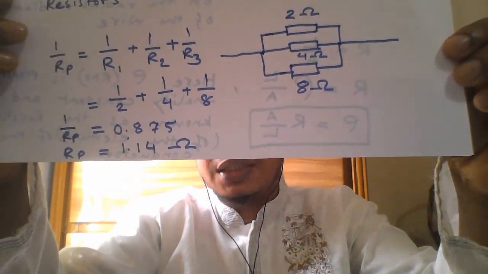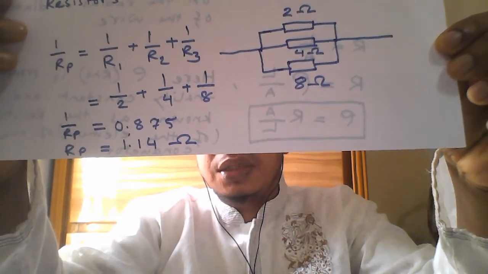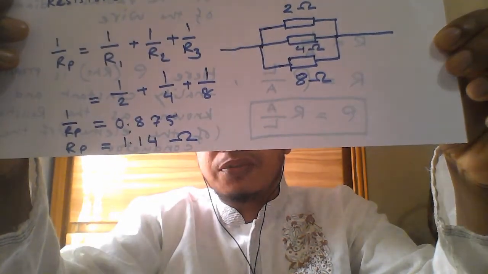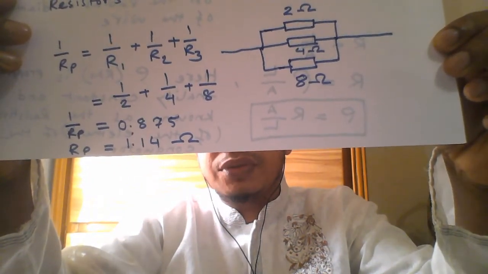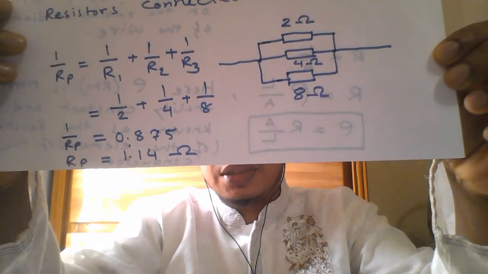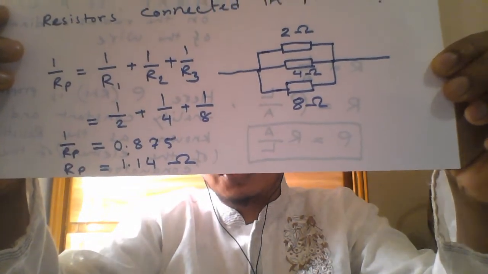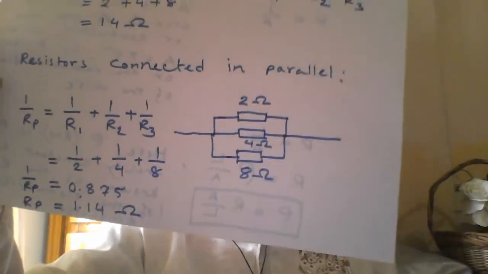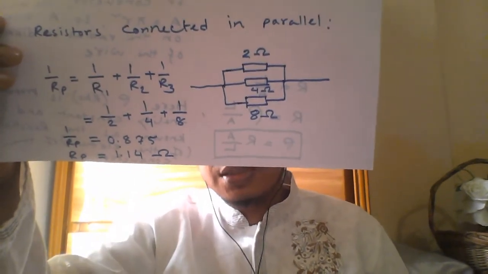So RP is equal to 1.14 ohm. If you get 1 by 0.875 in your calculator, then you will get 1.143. We wrote here in 3 significant figures. That's why we wrote here 1.14 ohms. So this is the way to get the combined resistance of series and parallel combinations.